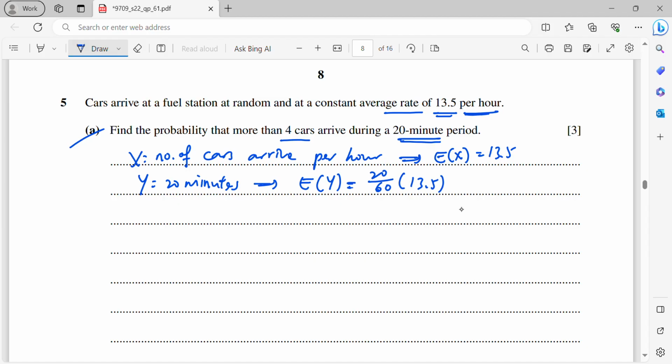That will be my mean of Y. Then you get 4.5. That means on average, every 20 minutes, 4.5 cars arrive at the fuel station. Now you need to count, during a 20 minute period, more than 4 cars. What is the probability? So my Y is Poisson distributed with mean 4.5.